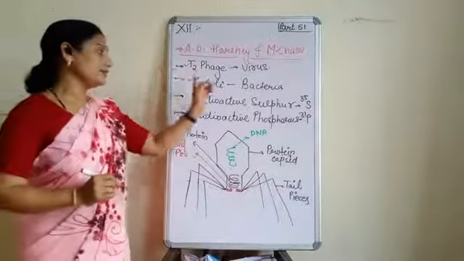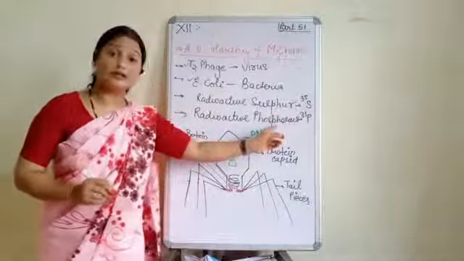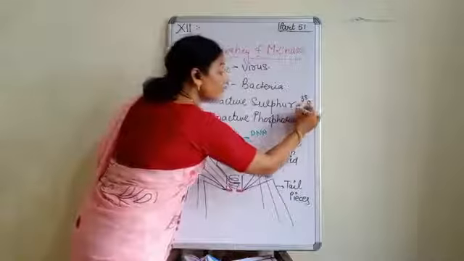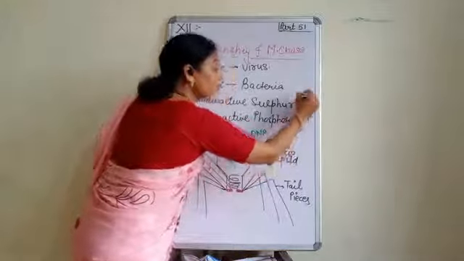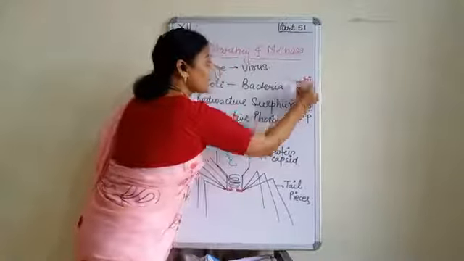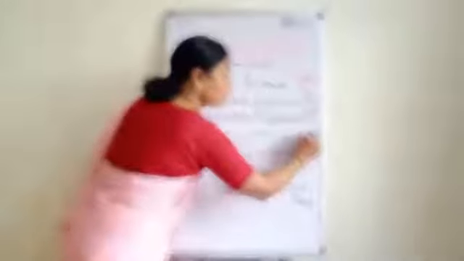The rest is, they have taken radioactive sulfur and radioactive phosphorus. Reason, this sulfur is the important component of protein, and this phosphorus is the important component of DNA.